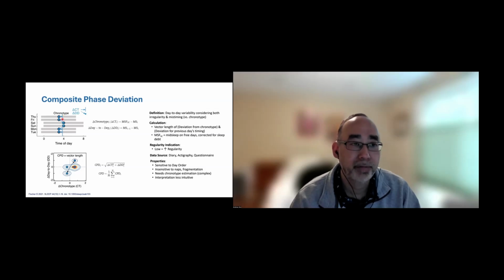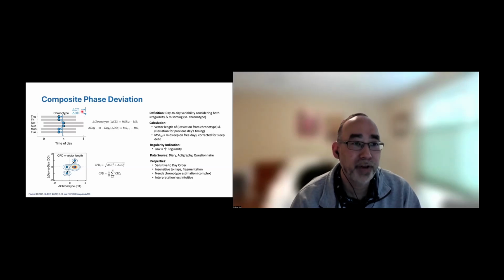Then she figured out, from day to day, how far apart you were from this chronotype, your natural predisposition, and used that as a value, which is the delta CT for each night, and also calculated the difference in the mid-sleep from day to day.